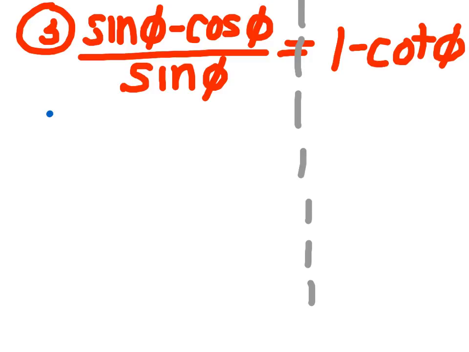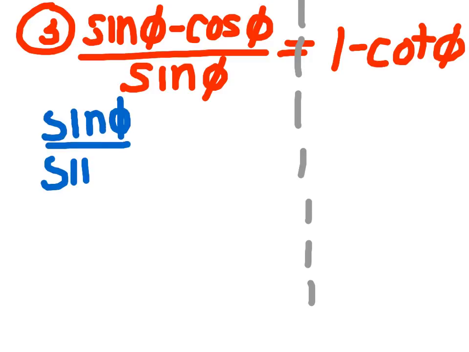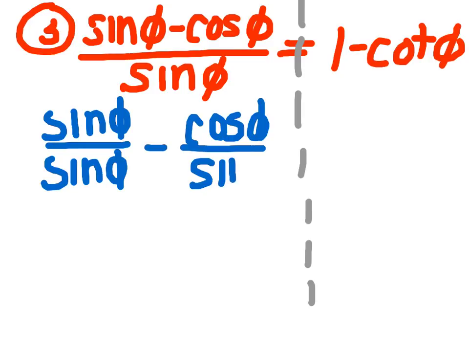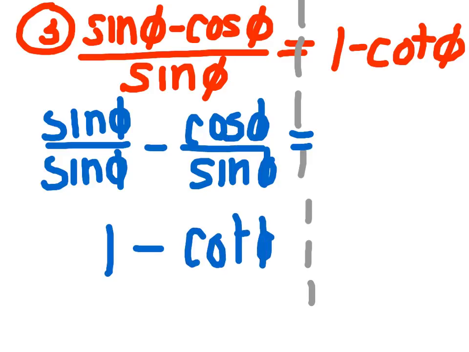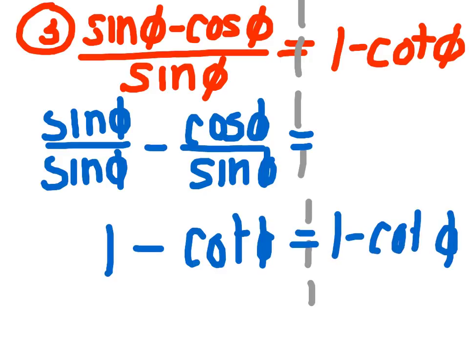I'm going to go ahead and just think of it as dividing everything in the numerator by that term in the denominator. So I'm doing sine divided by sine and cosine divided by sine. We know anything divided by itself is 1. And if we look back at all the reciprocal identities that we used last time, cosine divided by sine is cotangent. At this point, both sides of the equation are exactly the same, so we are done.